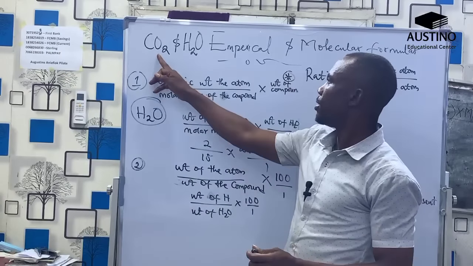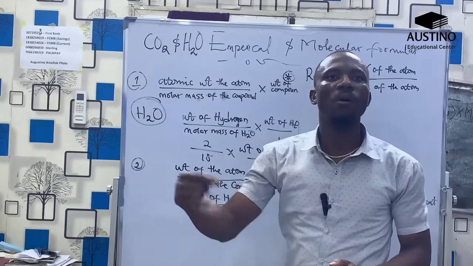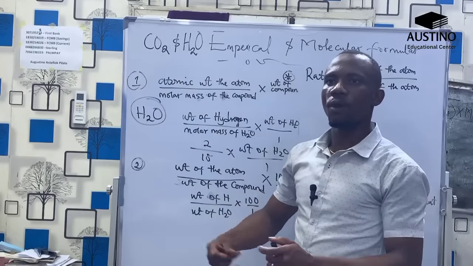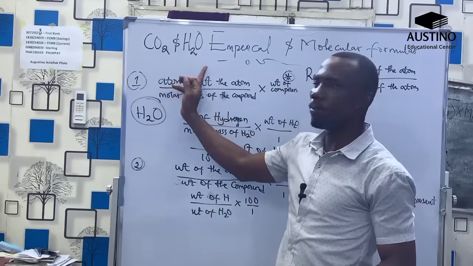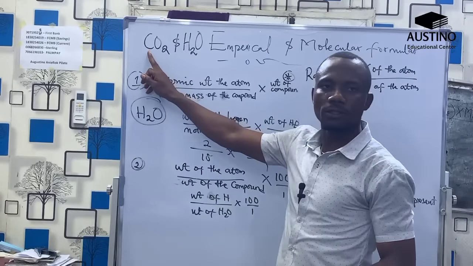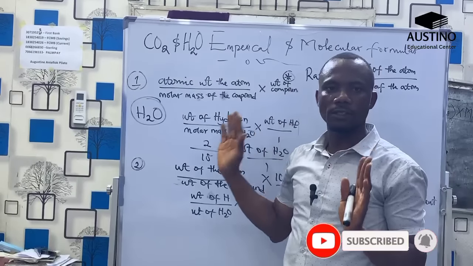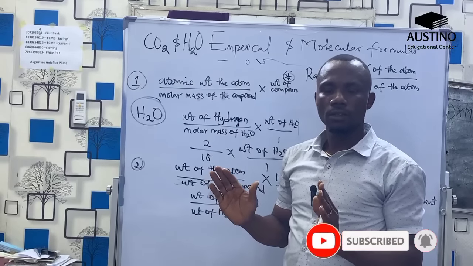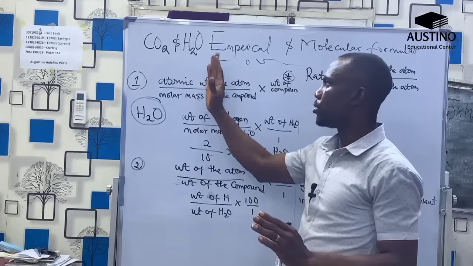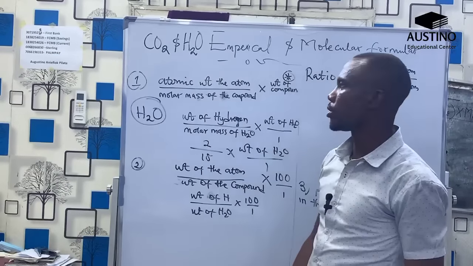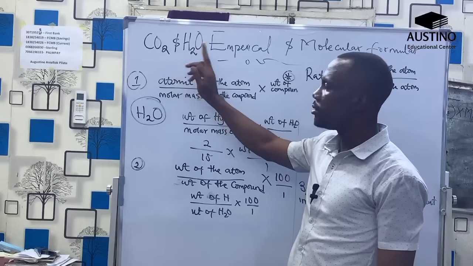And so when an unknown organic compound undergoes a combustion reaction, a burning reaction, what will happen? CO2 and water are produced. And what is the composition of CO2 and water? We have carbon, hydrogen, and oxygen. So we'll be looking at carbon, hydrogen, and oxygen.